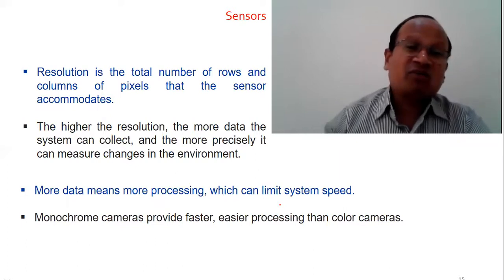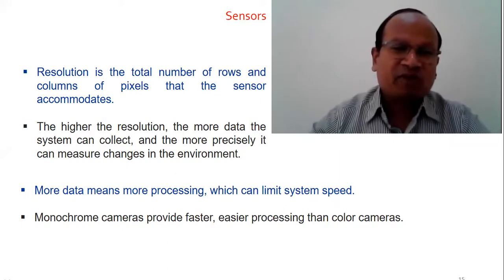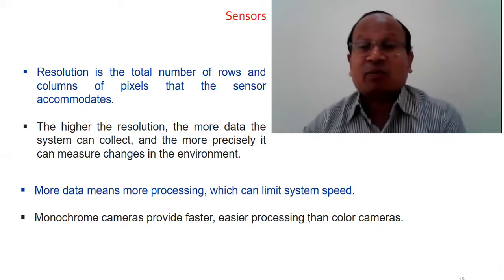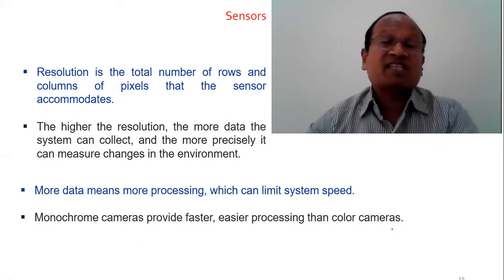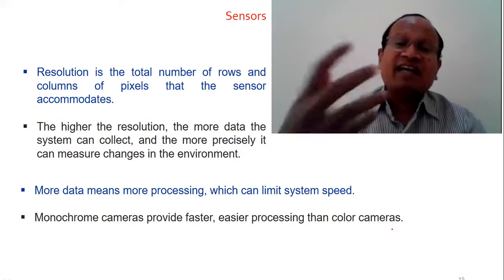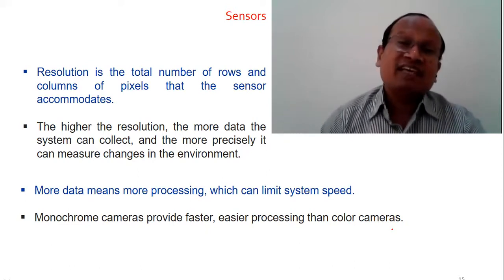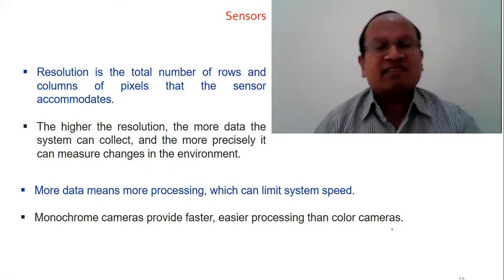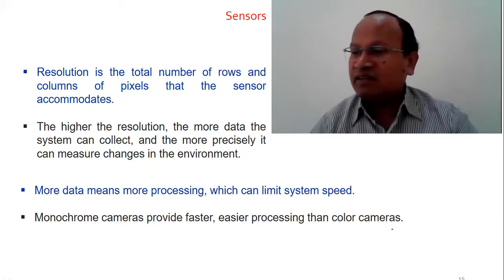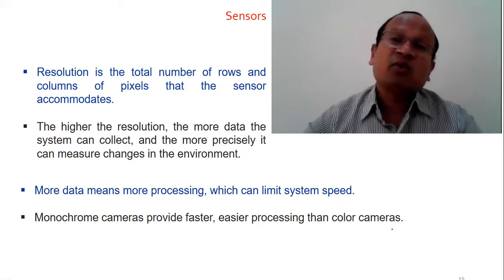Monochrome cameras, for example, provide faster, easier processing than color cameras. But with color cameras, finer details and better resolution can be obtained using color sensors. But what is the problem?